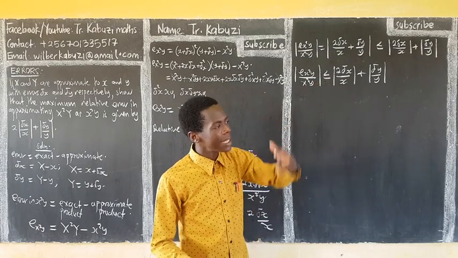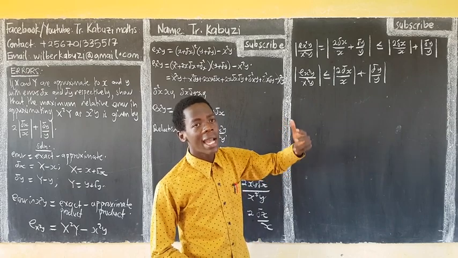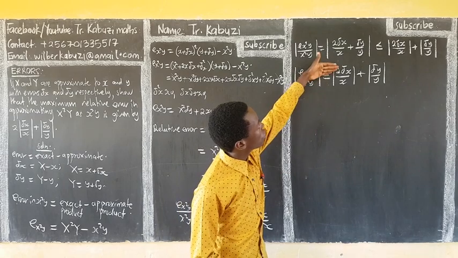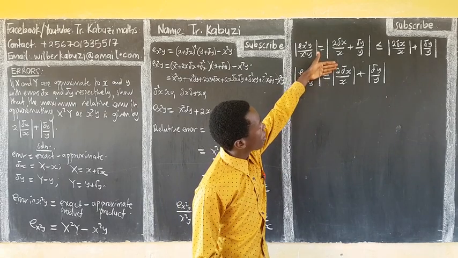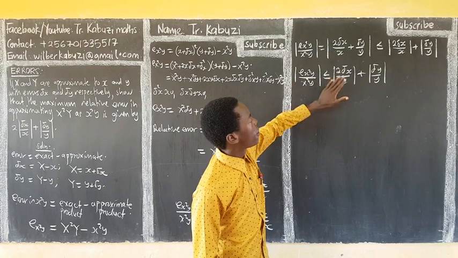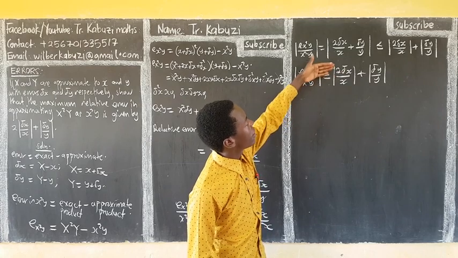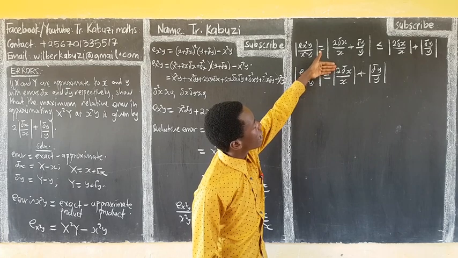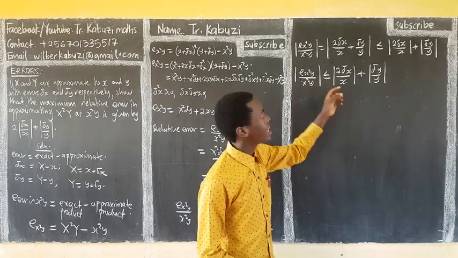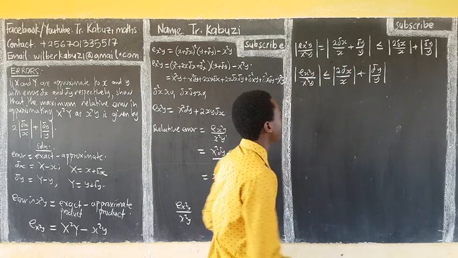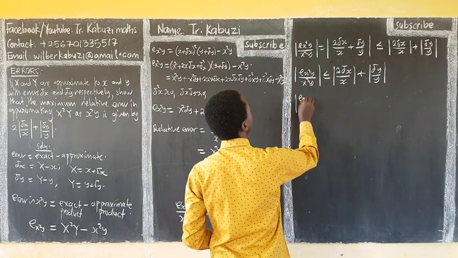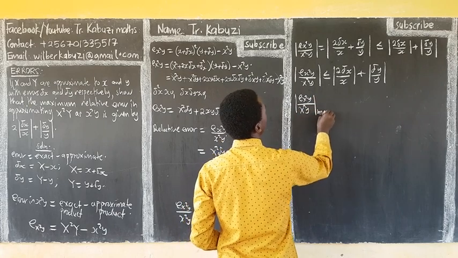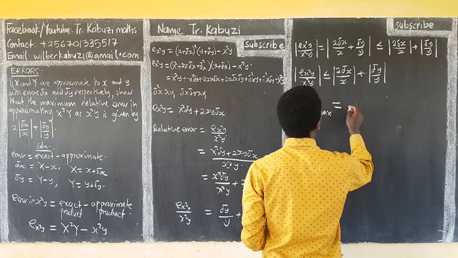Now, if you want the maximum error we can get, it is when the whole of this is equal to that. If you want those which are less, that's what we get. But if you want the maximum, then that is what we shall be having. You see that the maximum we can get is when the whole of this is equaling to that. So now my E max is when it's equaling to this.